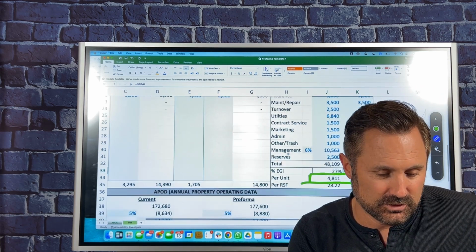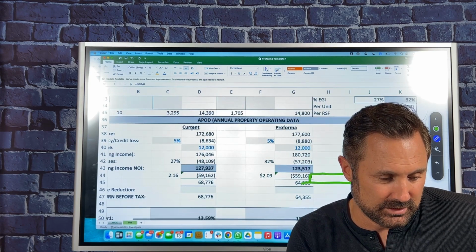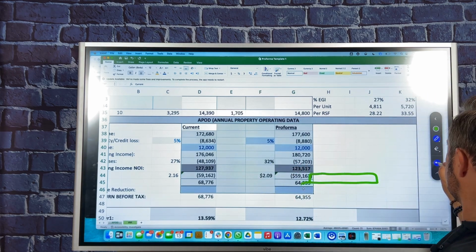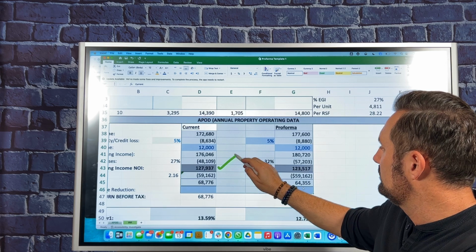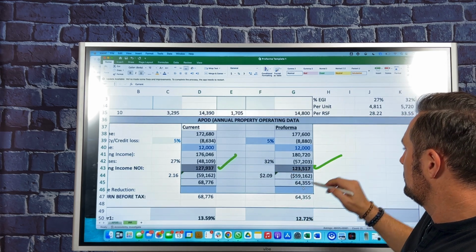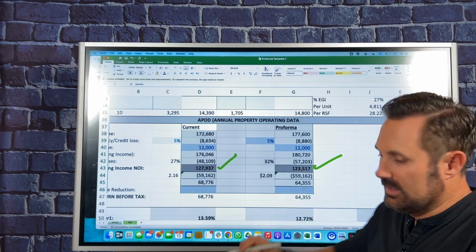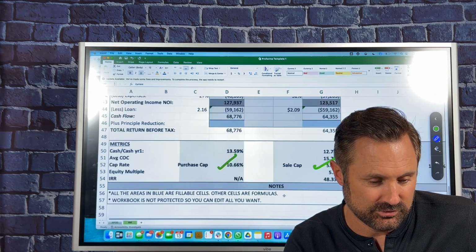Because, guys, if you're running at that kind of expense ratio and you've got this income coming in, based on these numbers, then I've got a net operating income right here and then here, okay? Guys, that returns some crazy returns, because these numbers are populated down here for you, okay?